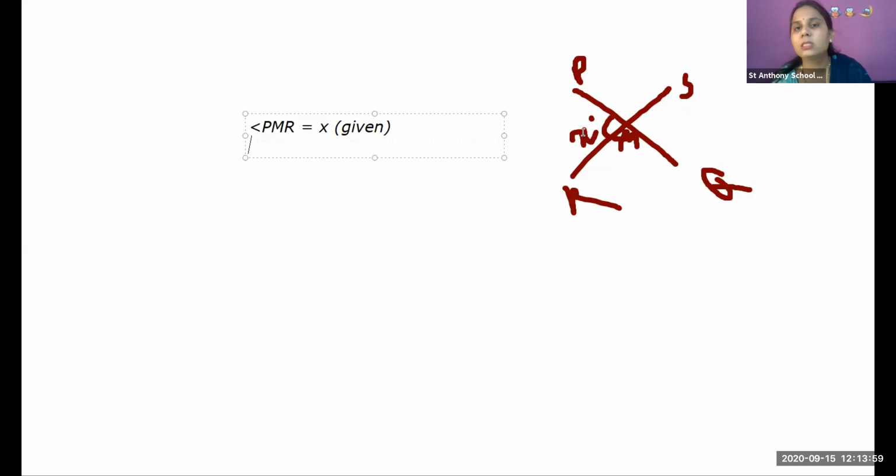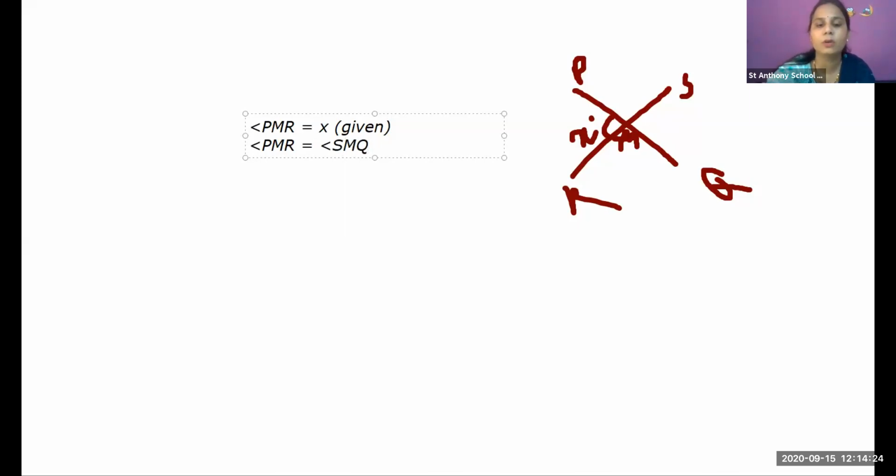See, these PMR and SMQ are exactly opposite to each other. So angle PMR is equal to angle SMQ.